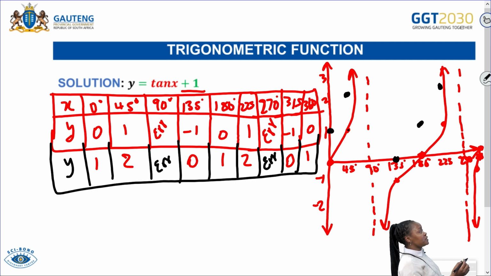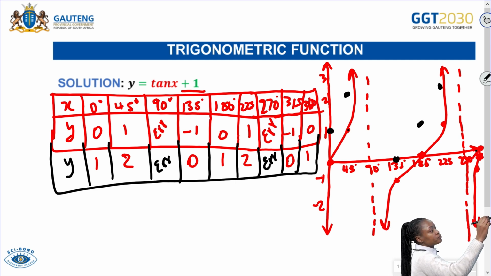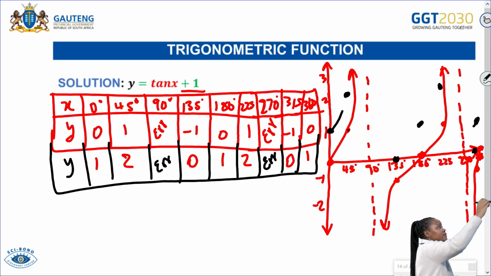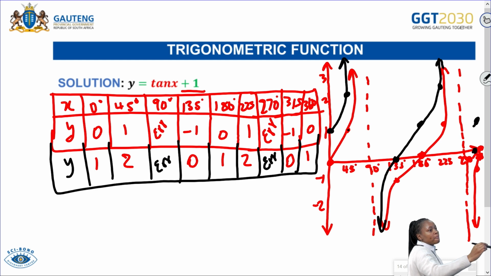And then at 315, I have 0. And then at 360, I have +1, so it's going to be somewhere there. You'll notice that your graph is now going to be like this. And then from here, it goes like this. And then from here, it comes down like this.